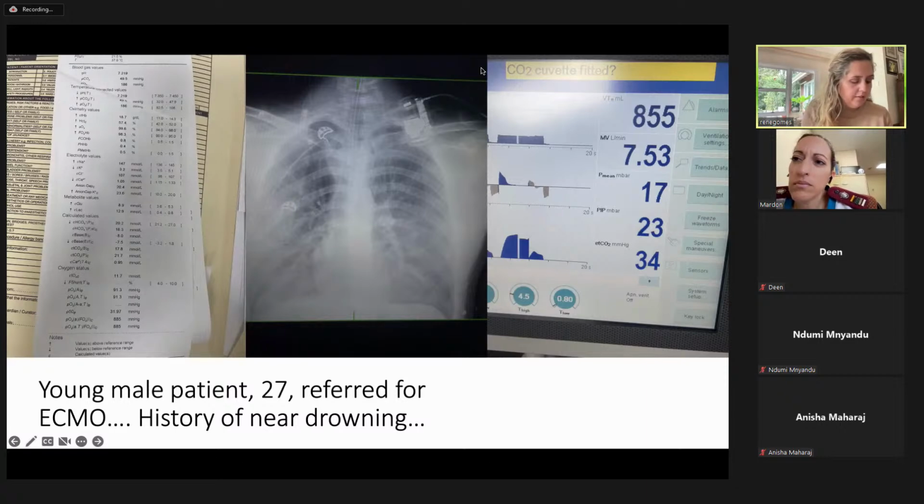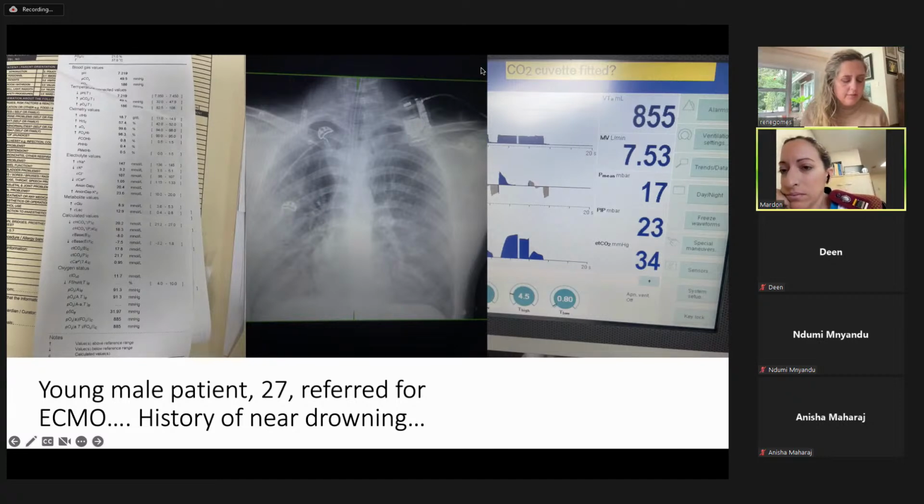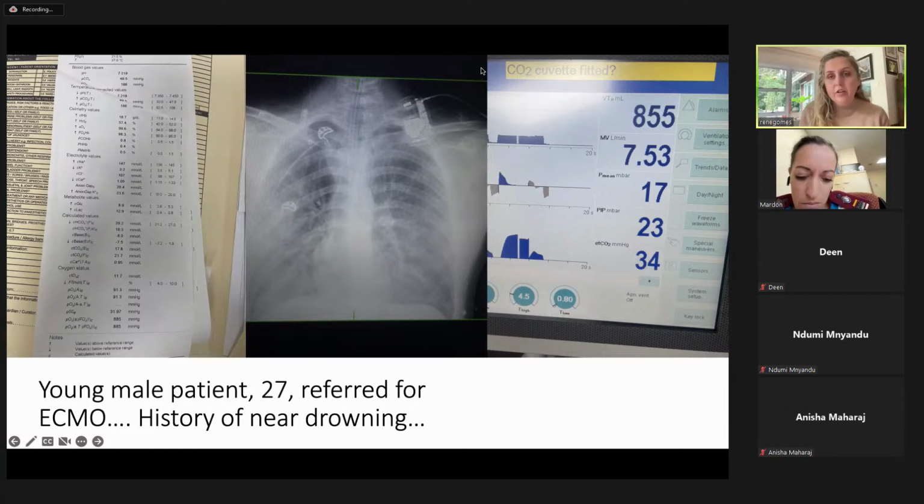So if we're doing tidal volumes of around 6 to 8 mils, say 7 mils, and we're taking our ideal body weight, we're going to go 65 times 7. We should be at 595 mils.